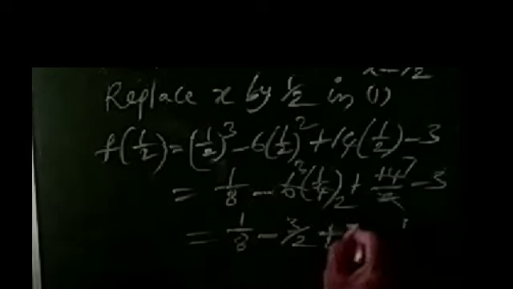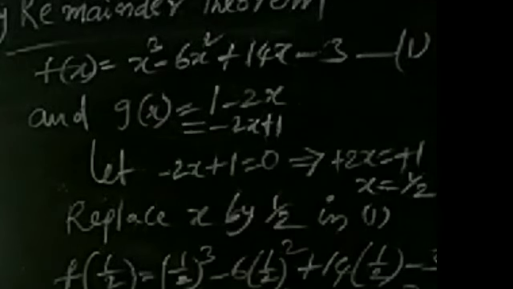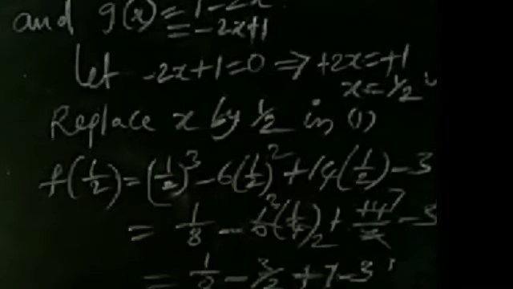So on simplification, 2 2s are 4, 2 3s are 6, you get 1 by 8 minus 3 by 2 plus 7 minus 3.